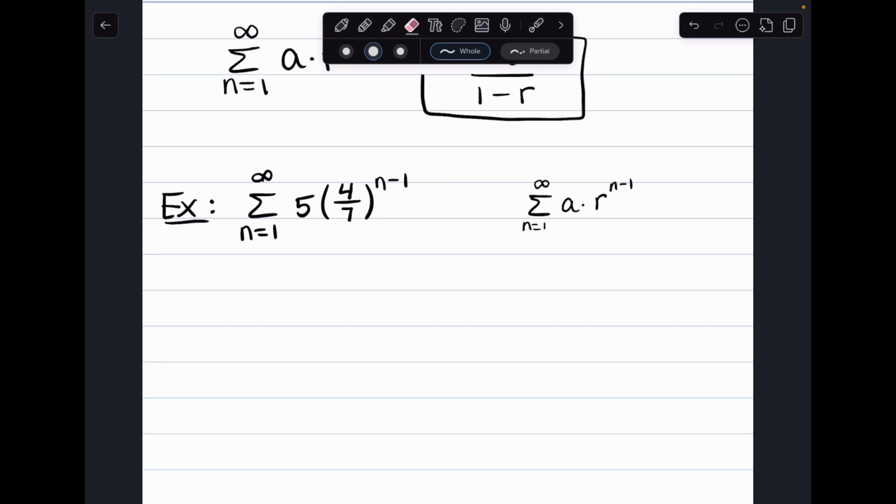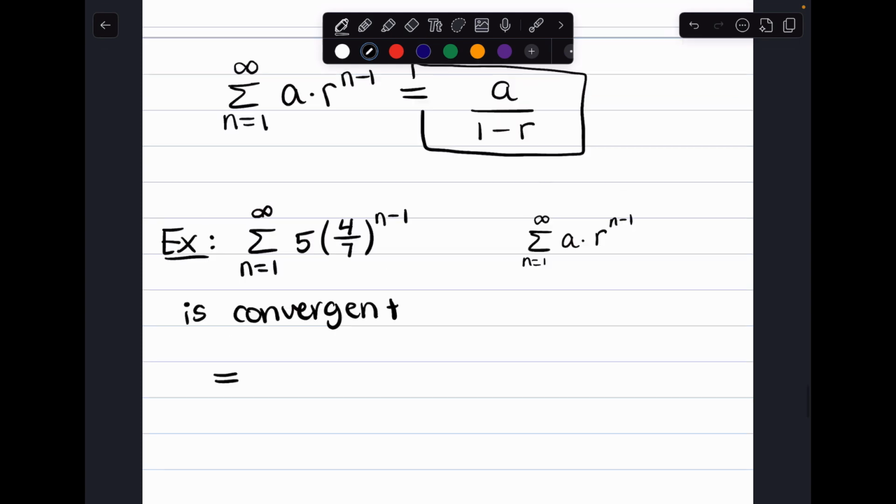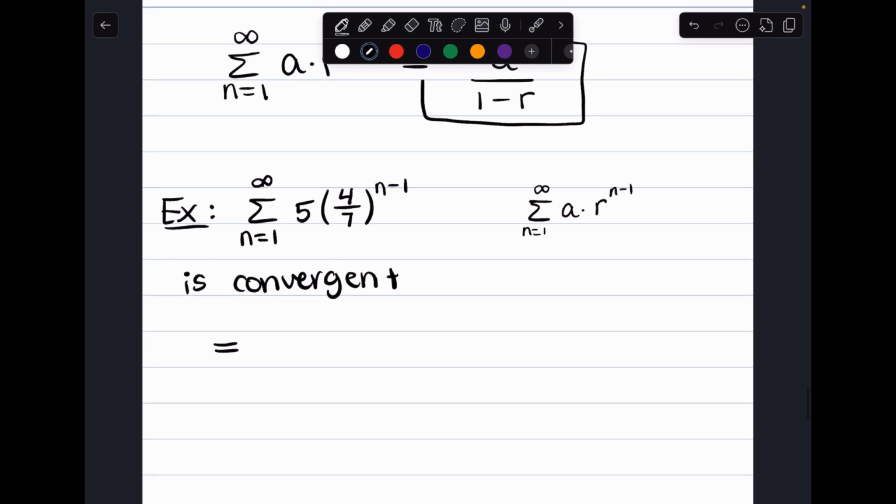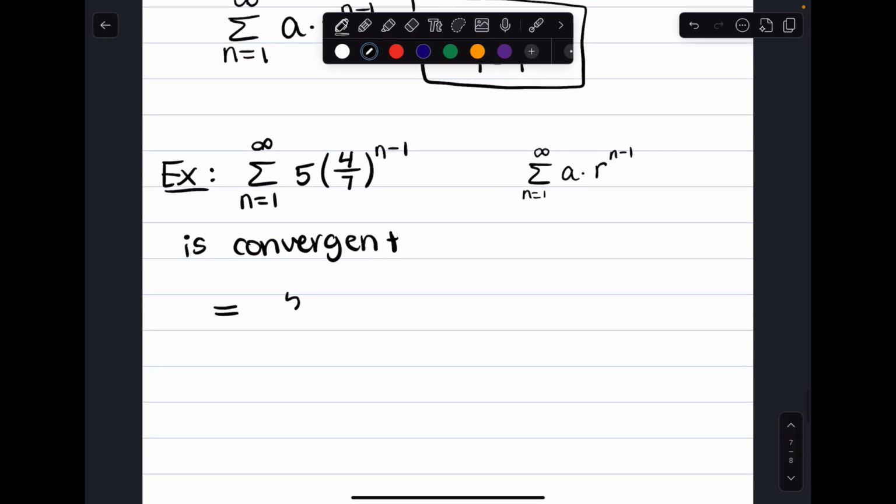We have that the absolute value of 4/7 is less than 1, so this is going to be convergent. And in fact, it's going to be equal to a divided by 1 minus r. So our a is 5 divided by 1 minus our r, 4/7. So we've got 5 divided by 3/7, or 35 over 3. That would be our sum.